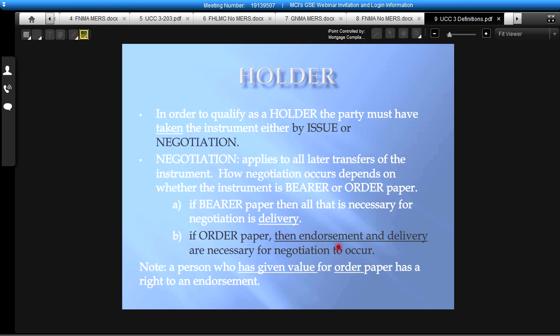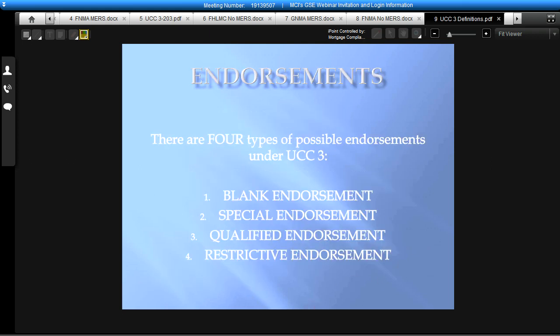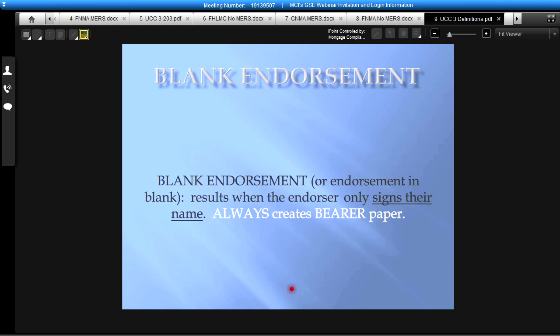Endorsements. There are 4 types of possible endorsements under UCC Article 3. Blank endorsement, special endorsement, qualified endorsement, and restrictive endorsement. Blank endorsement. A blank endorsement, or endorsement in blank, results when the endorser only signs their name.